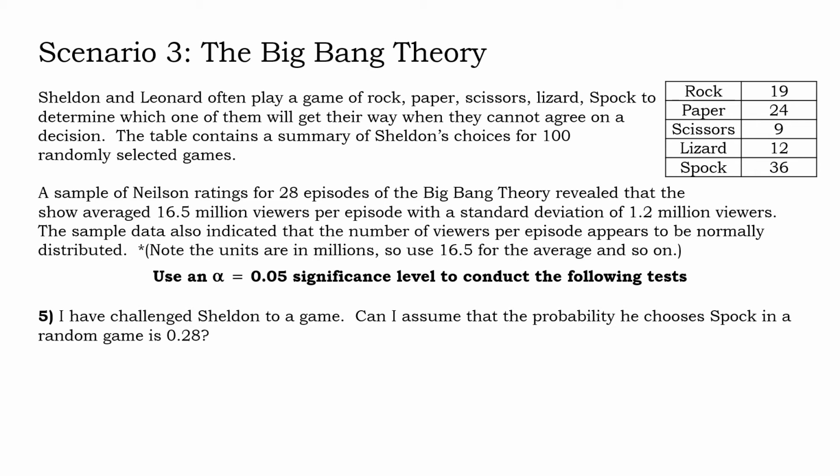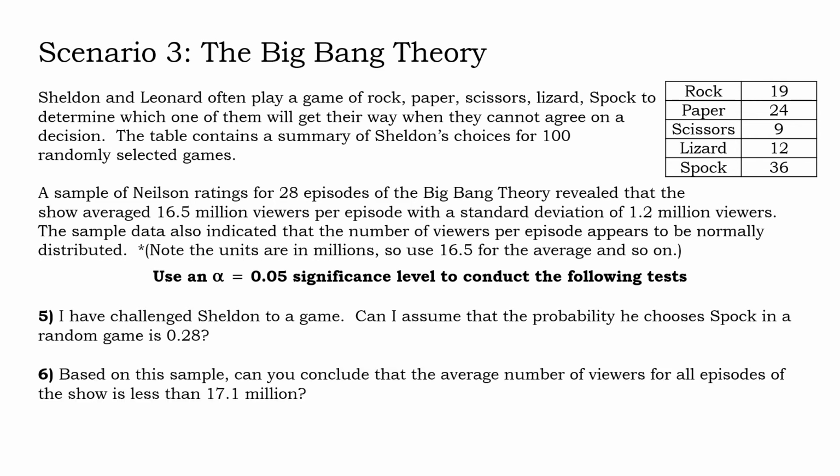If I challenge Sheldon to a game, is it safe for me to assume that the probability he's going to choose Spock is going to be 0.28? So we're going to test the probability that Sheldon chooses Spock in a random game.